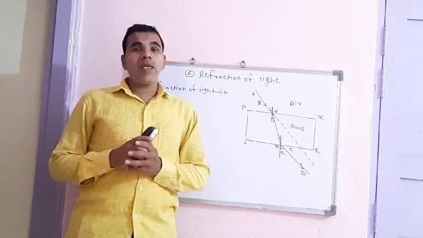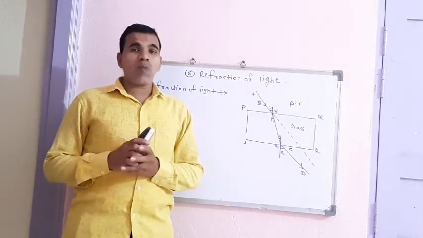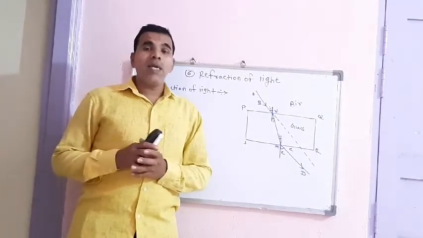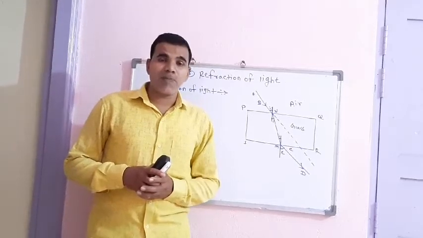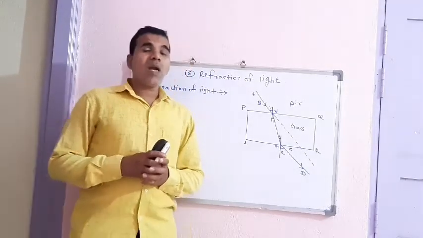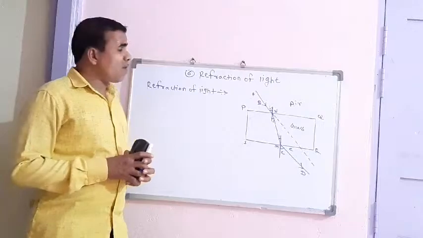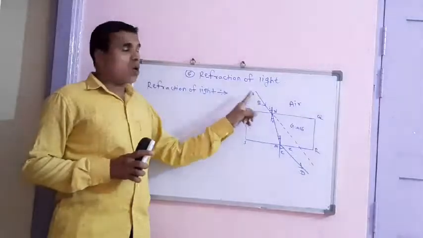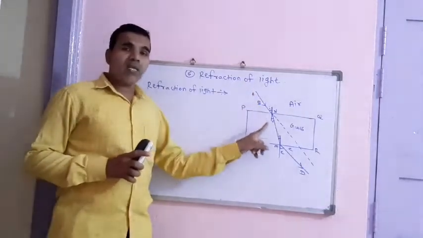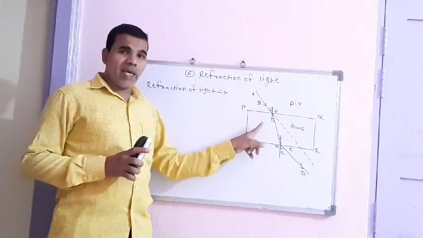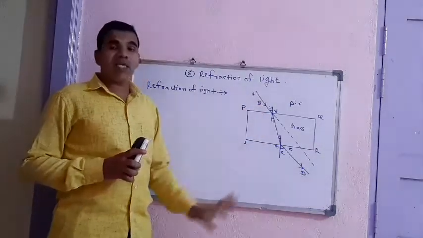When any light rays transfer from one medium to another medium, they can change direction. In refraction of light, the light rays transfer from air to glass and glass to air. When the incident ray enters into the glass from the air, it is said to be an incident ray.